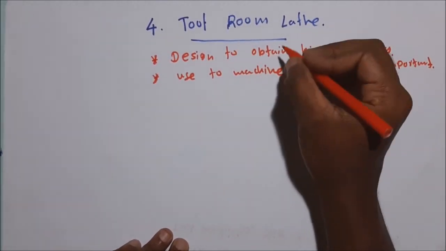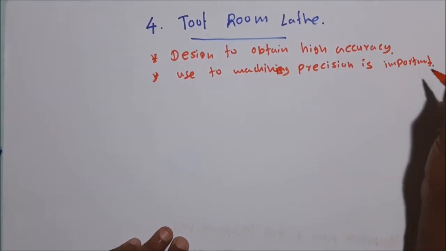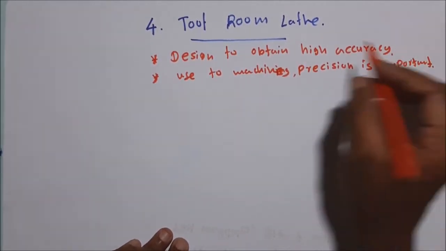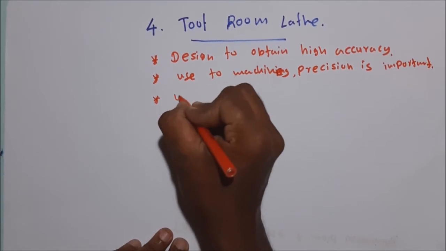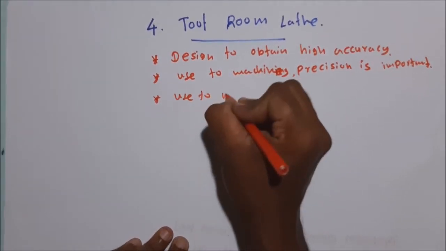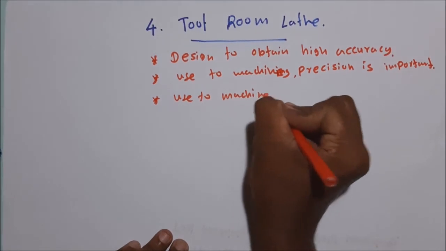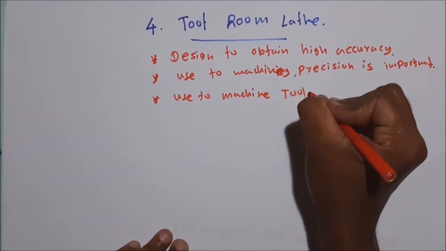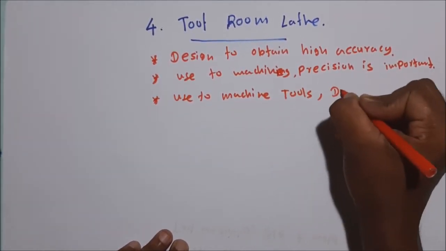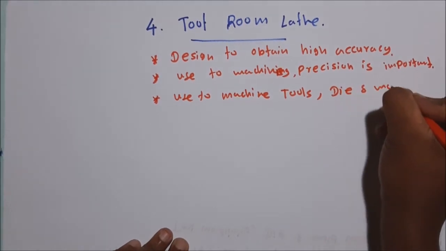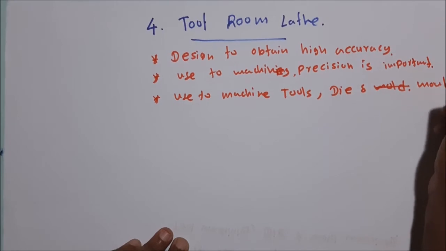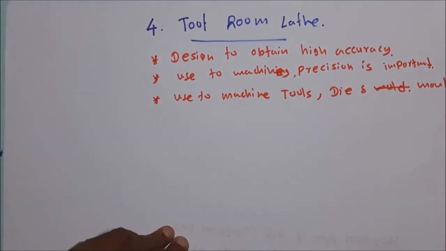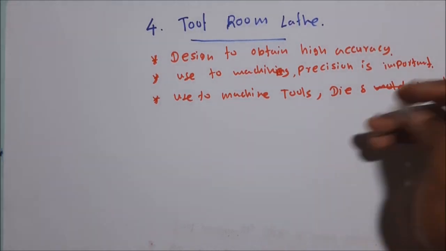What are the examples? Tools, dies and molds. These are examples of machine operations done on the tool room lathe.